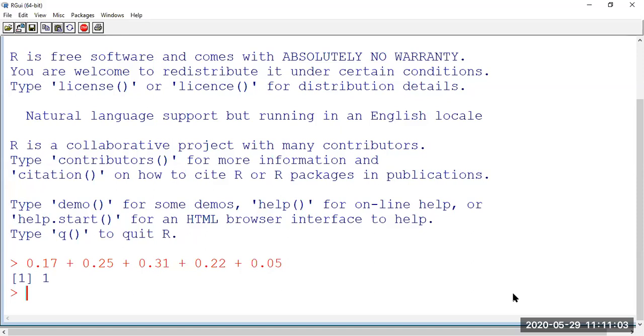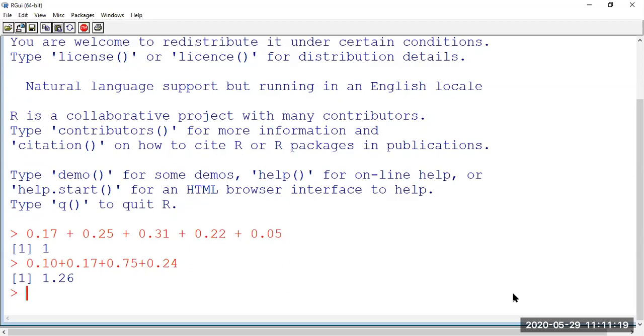The first is 0.10. And then we have 0.17. Then 0.75. And finally 0.24. So we are getting the sum of the probabilities equals 1.26. So that's something that we don't accept.